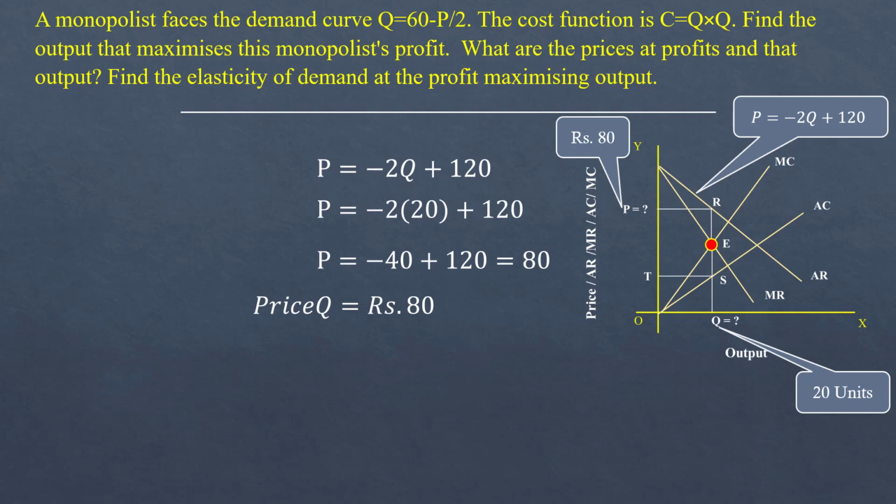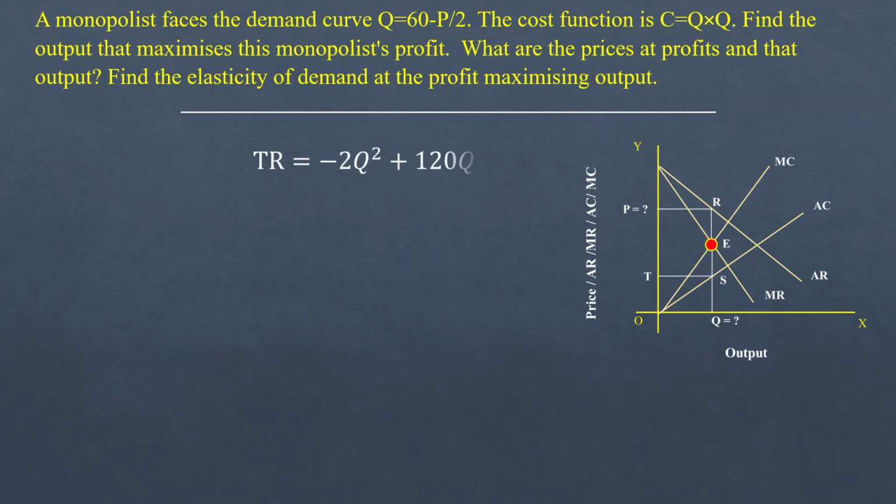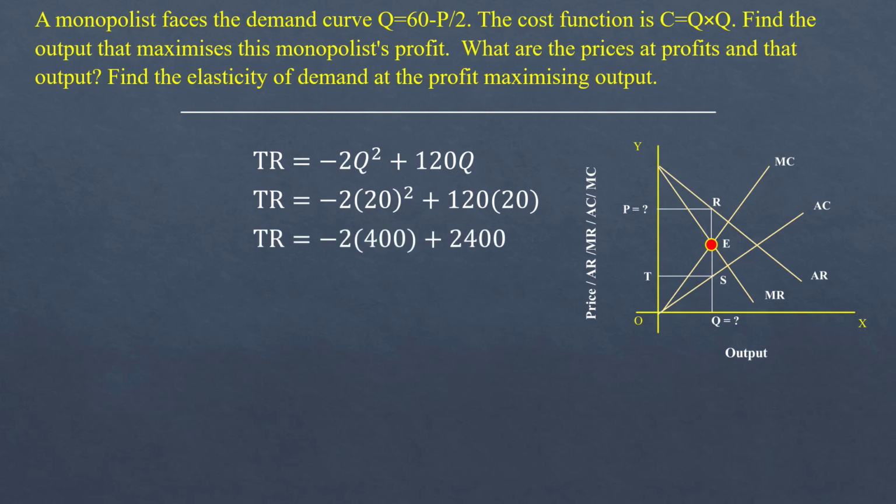Price is 80 rupees. To calculate profit, we must calculate total revenue and total cost. Substitute Q equal to 20 in the total revenue function. Total revenue equal to minus 2Q squared plus 120Q. Minus 2 times 20 squared plus 120 times 20, minus 2 times 400 plus 2400, minus 800 plus 2400, 1600.